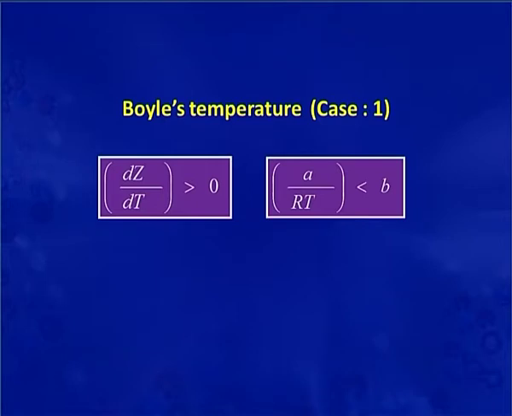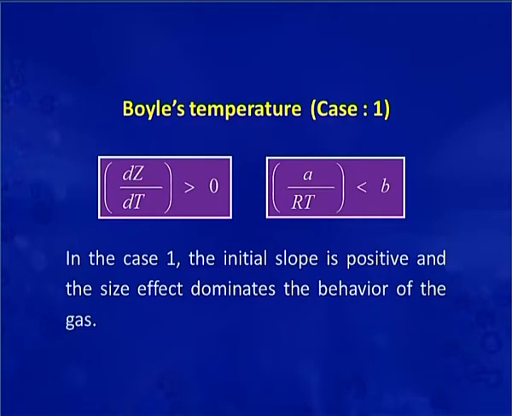First case is when dZ by dT is greater than 0, or you can write it as when a by RT is smaller than b. What happens in this case? You will see that the initial slope is positive and the size effect dominates the behavior of the gas.